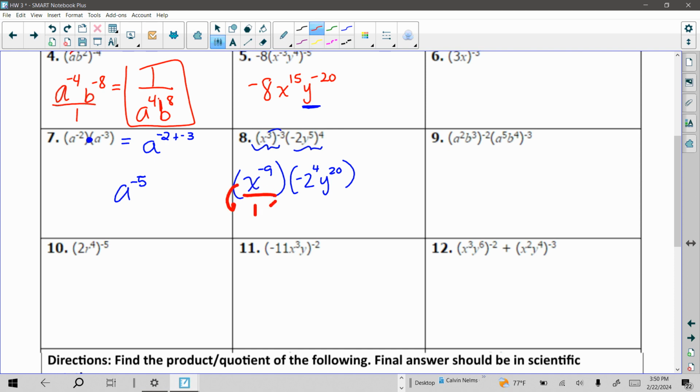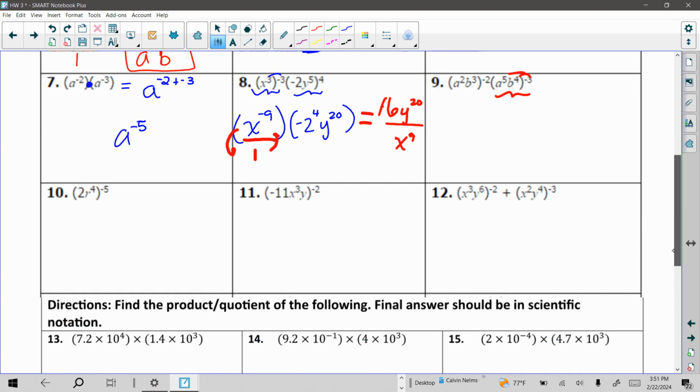Remember, if it's positive, it stays on the top of the fraction, because this x to the 9th goes to the bottom. So this negative 2 to the 4th power actually turns into 16, and this is y to the 20th. So use your power rules first, and then do your flipping, okay?